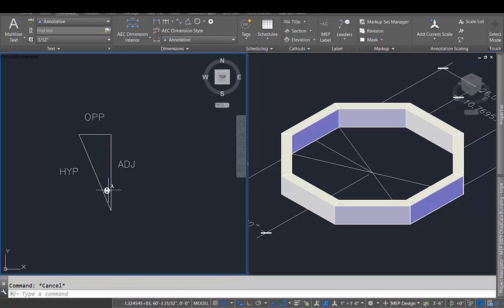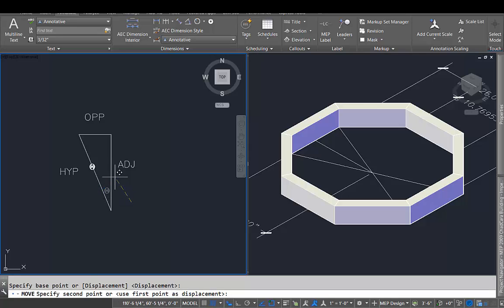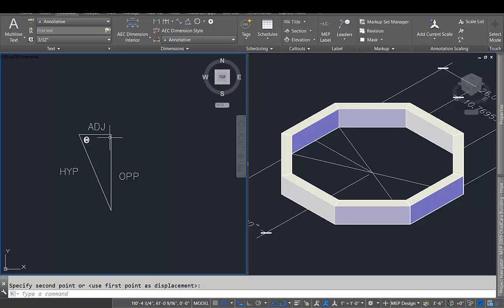So if this angle that I was looking for, maybe the angle was supposed to be over here, well, that changes the arrangement here. So that makes this other leg the opposite, and it makes this one the adjacent, right? So just remember the relationship. The hypotenuse is always going to be the hypotenuse. The 90-degree angle is always going to be the 90-degree angle.